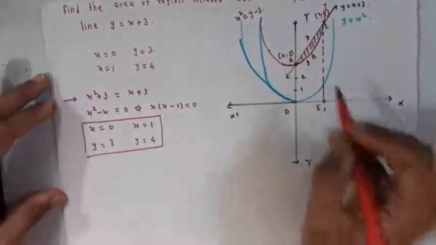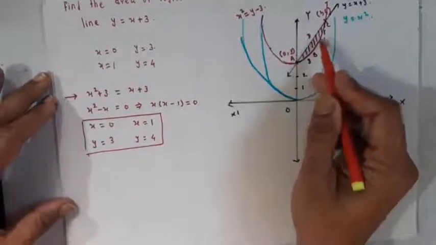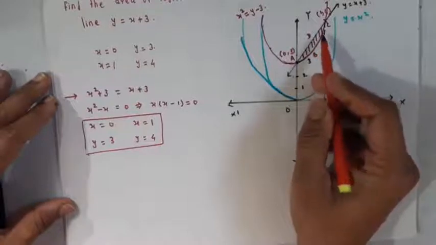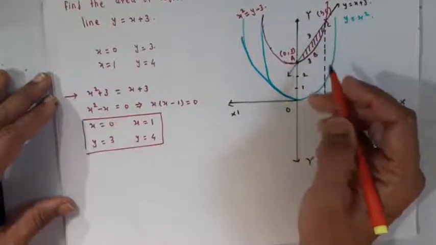Therefore, the required shaded area is the area that we have to find out.